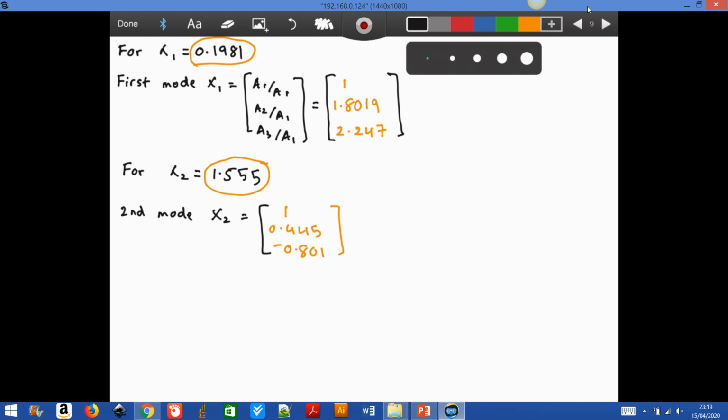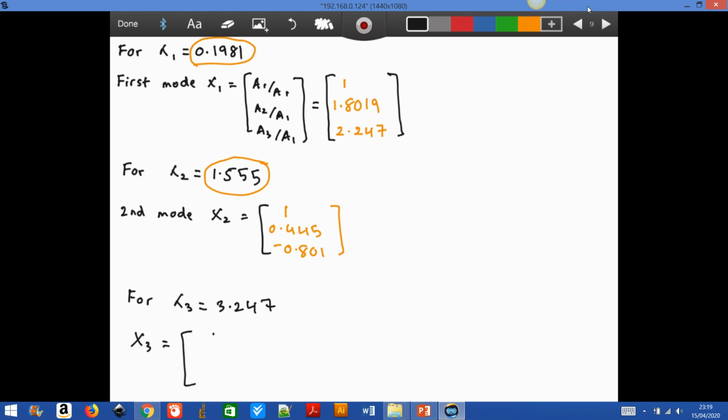And for the third mode shape, you use the third lambda value. Lambda 3 equals to 3.247. The third mode shape, x3, is equals to 1, minus 1.247, 0.555. Alright, so basically this is the mode shape for the system.